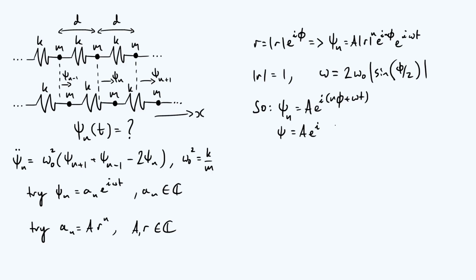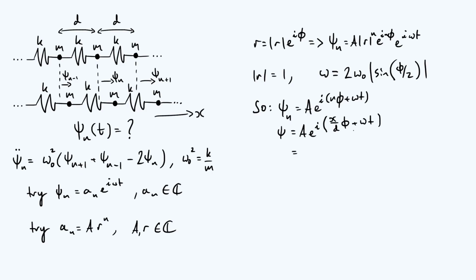To get n, the index of the mass, you would take the undisturbed x coordinate of the mass and divide it by the length of the spring, because you're counting how many spring lengths fit into the distance between the origin and the x coordinate of that particular mass. So n can be written as x over d. The rest is the same: (x over d) phi plus omega t.